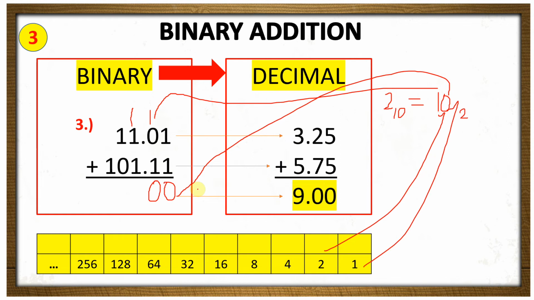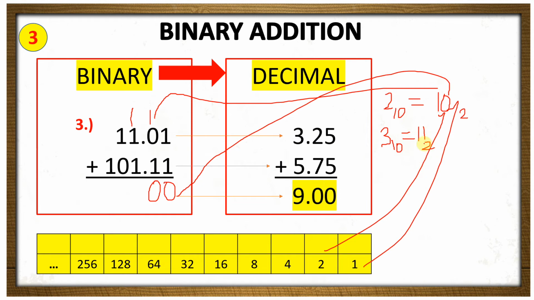Next, this time you cannot find this one in the rules. 1 plus 1 plus 1 is actually 3 in decimal. 3 in decimal, subscript 10, is equal to 11 in binary.